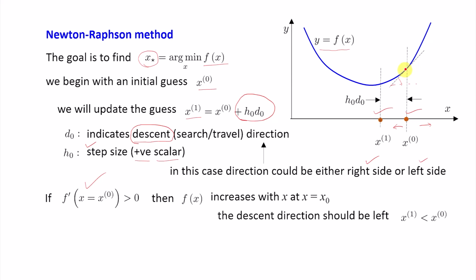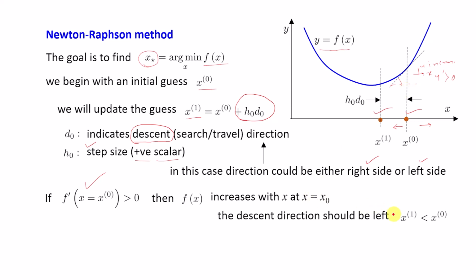If my derivative is greater than 0, that tells me that if I go in the x direction, my y increases. So if I go to the right, in the direction of increasing x, it probably will not go toward the minimum. So we want to take the reverse direction.